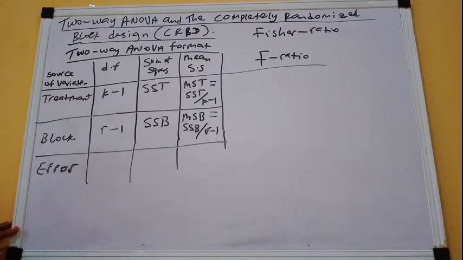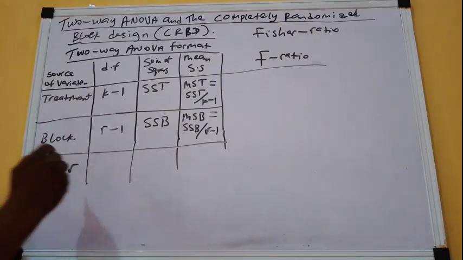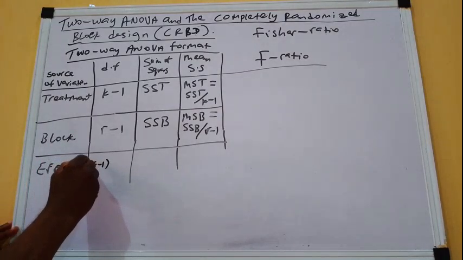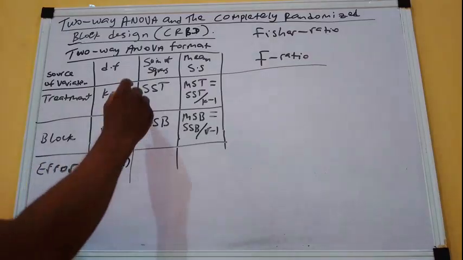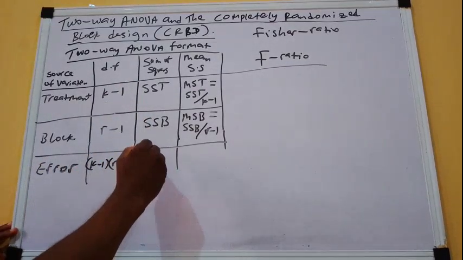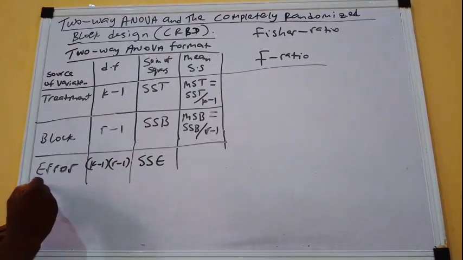So the degrees of freedom for the error is K minus 1 into R minus 1, and the sum of squares for it is SSE, sum of squares for error.